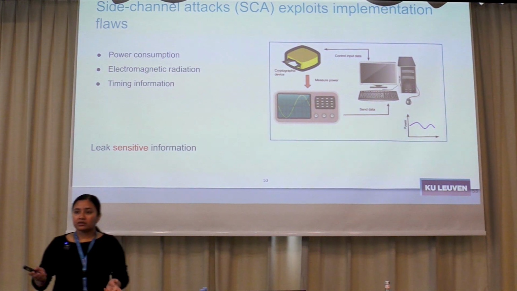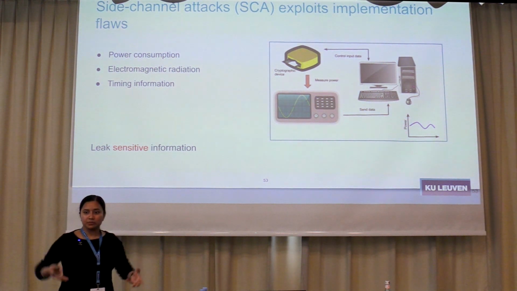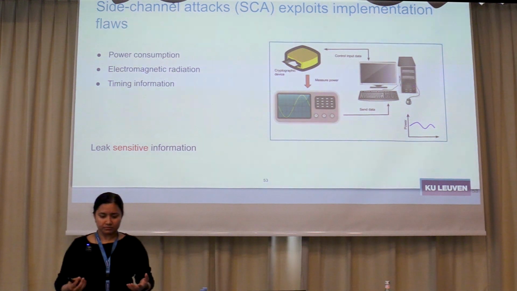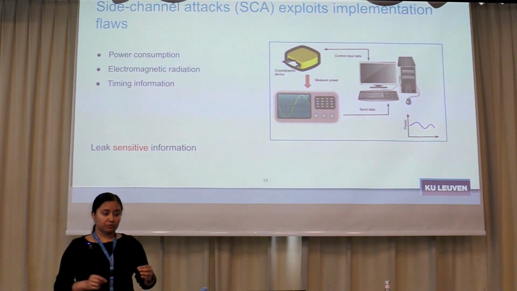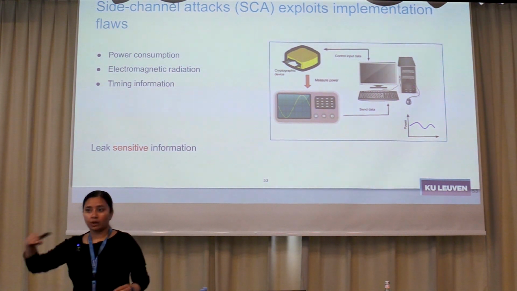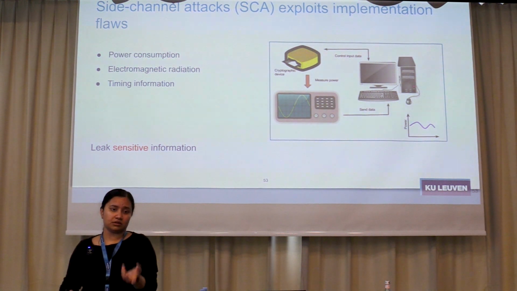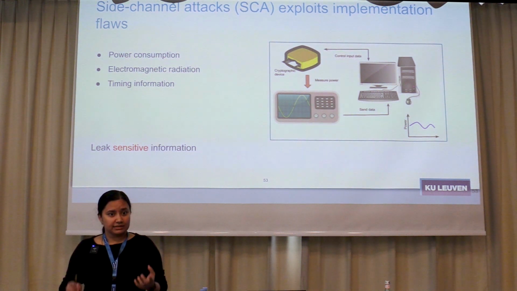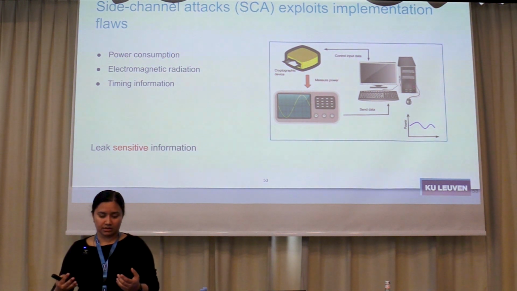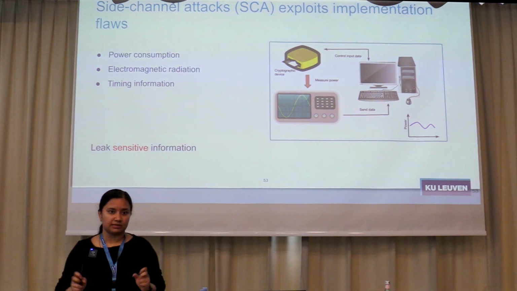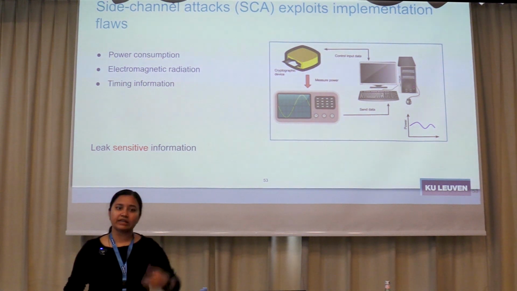For power side channel attack, it gets the information from the device which is computing the cryptographic operations. You get something which is related to the secret, and secret or secret-related information is sensitive. If you get enough information, you can get back the secret.